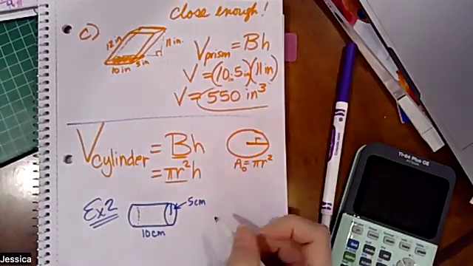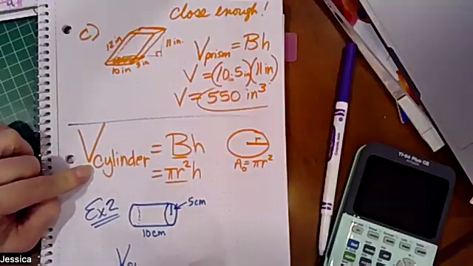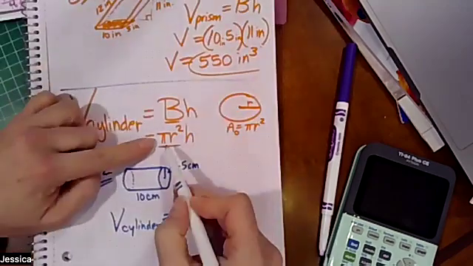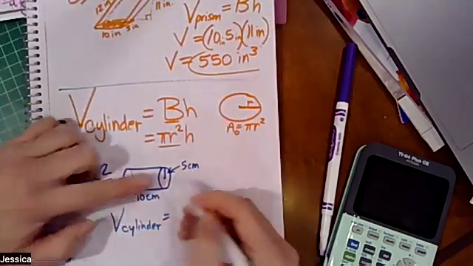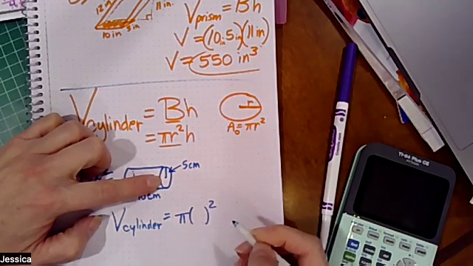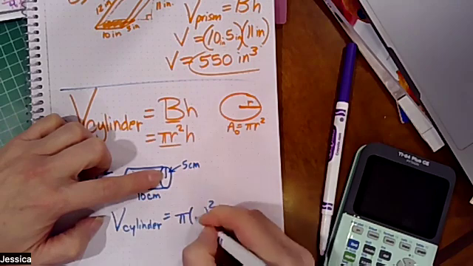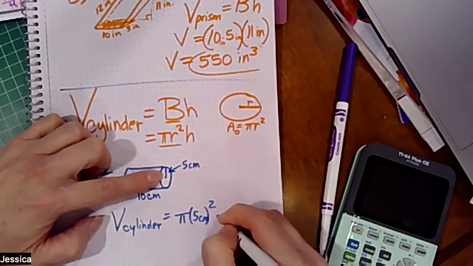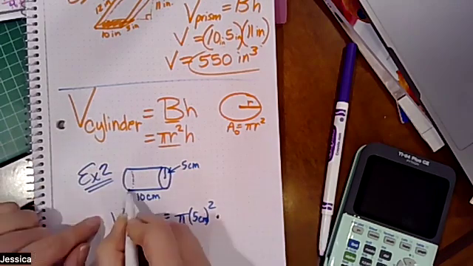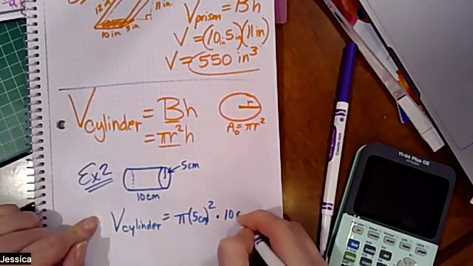Okay, so let's go ahead and find the volume of this cylinder. Let's do the area of the base is pi r squared. So our radius is 5 centimeters. Pi r squared now times the height, which is in this case 10 centimeters.